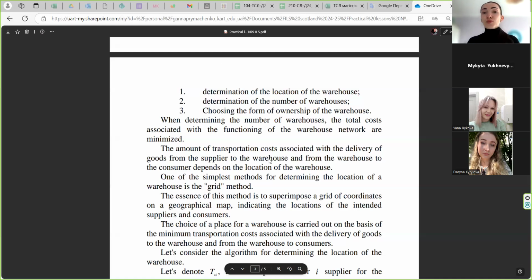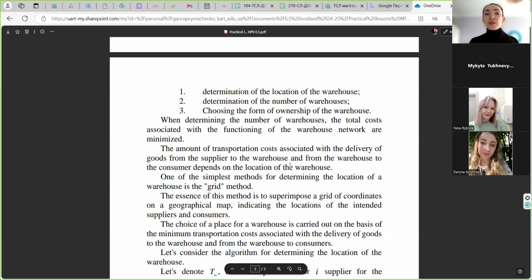The amount of transportation cost associated with the delivery of goods from the suppliers to the warehouse and from the warehouse to our customers depends on the location of the warehouse. I think it is simple for understanding, so we need to try to do it.